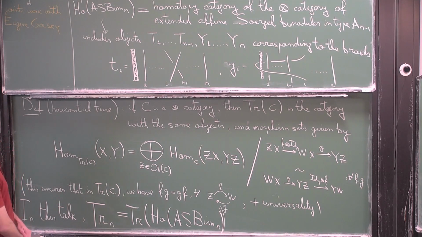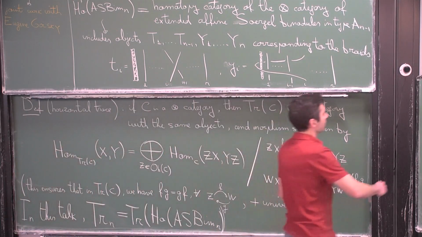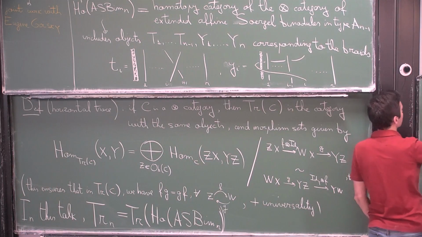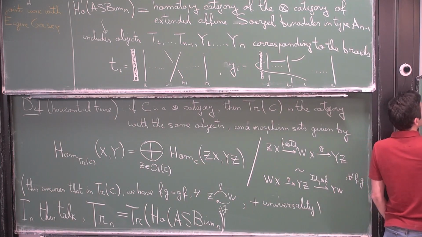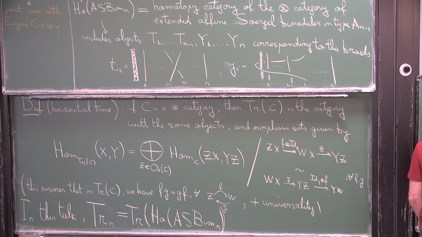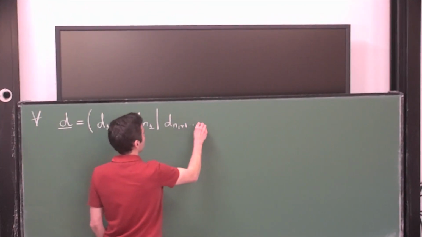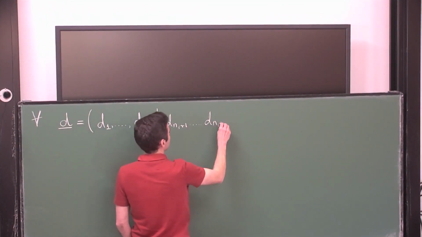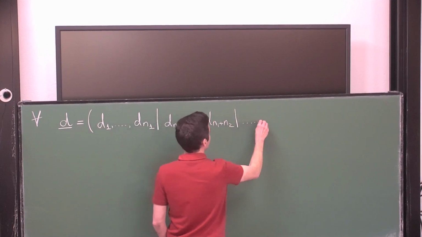Good. So let's construct something explicit. Let's construct some objects in this category. So for any n tuple of integers, and I'm going to write my n tuple of integers in a very funny way. So this is d_{n1} plus 1, d_{n1 plus n2}, and so on.